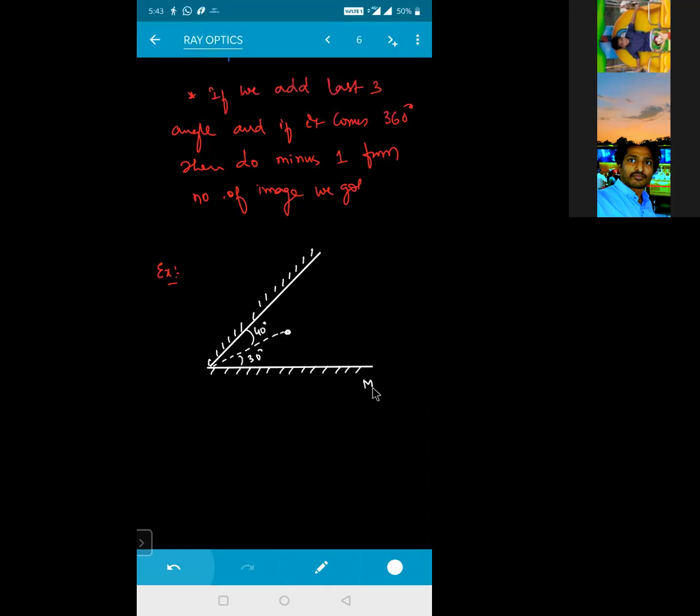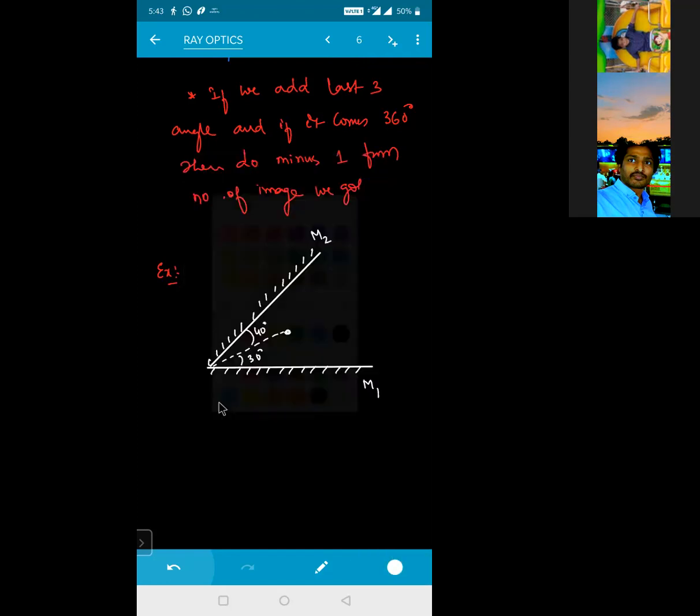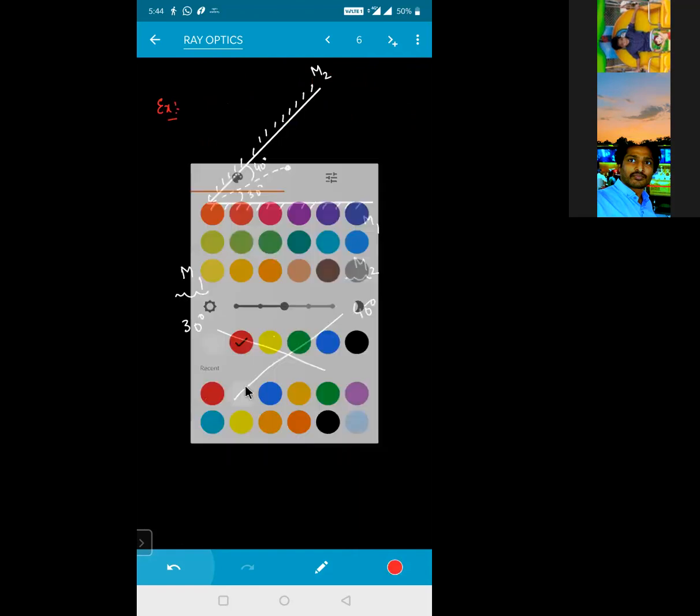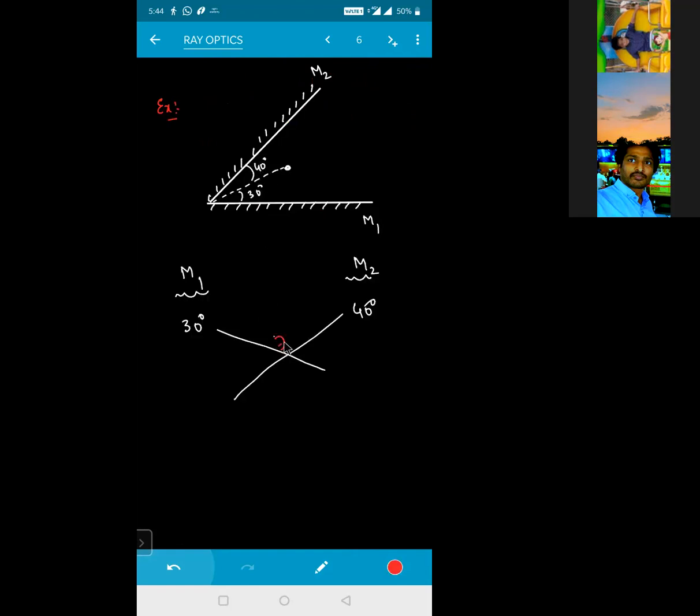This is your mirror M1. This is your mirror M2. What is theta 1? Theta 1 is 30. Theta 2 is 40, sorry, not 60. Now the next angle like this. This angle is how much? Total angle: 30 plus 40, which is 70. Here it is 70.